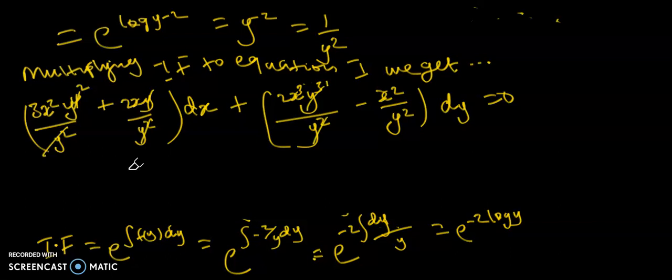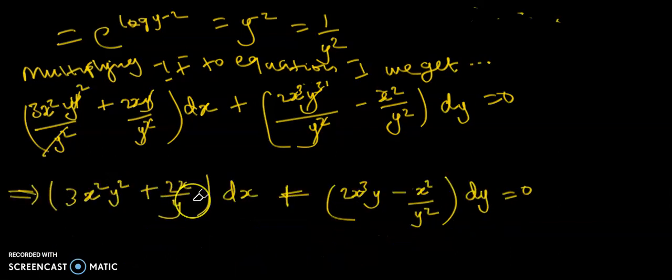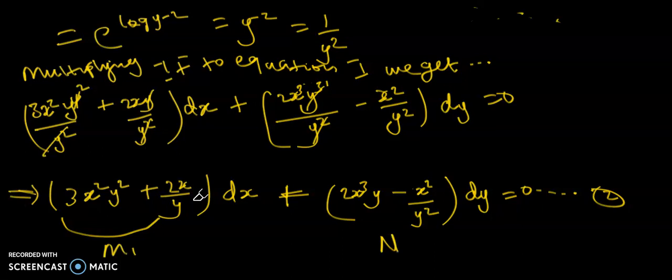We also do the same here. So we are left with this. We can call this now equation 2. Let's take this to be m1, and let's take this to be n1, so that now we can use this to evaluate our integrating factor.